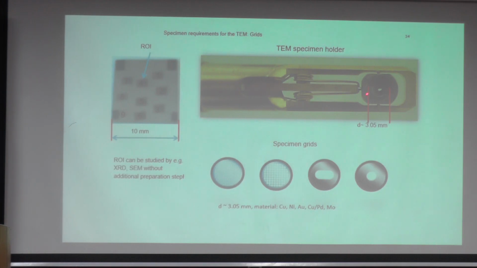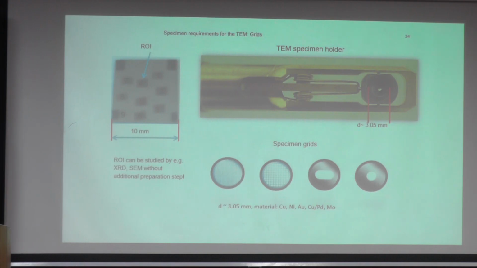We also need a very small specimen, just like here, the specimen holder and the specimen itself. It's adjusted to 3 millimeter diameter. There are special specimen grids to adjust your specimen, made of different materials.